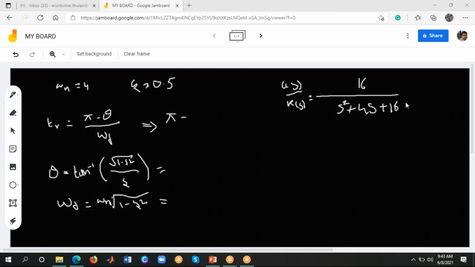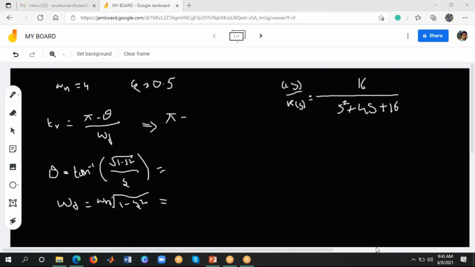So theta is 59.99. Okay, I will check and tell you that. Please check once. Theta is not like that; you will not get such a value. I will check and tell you that.